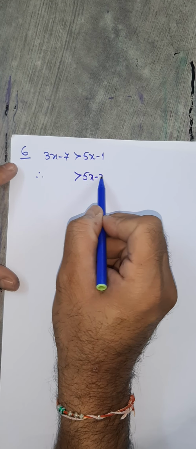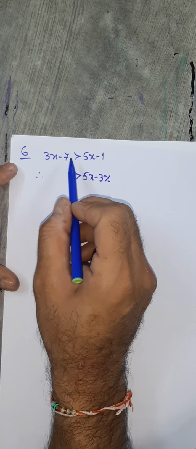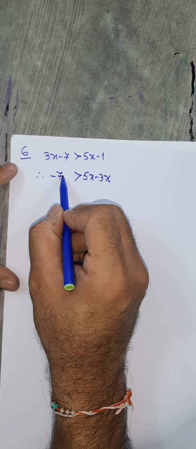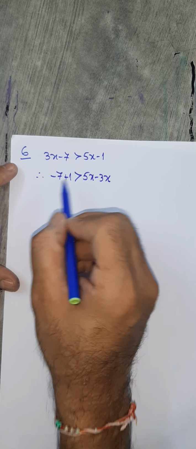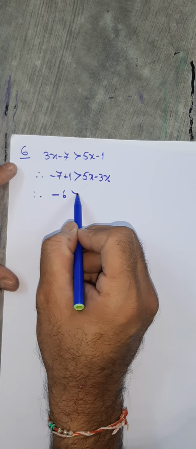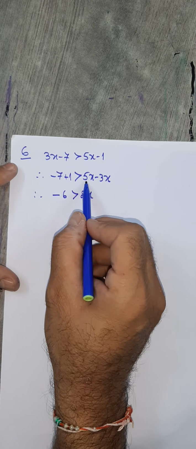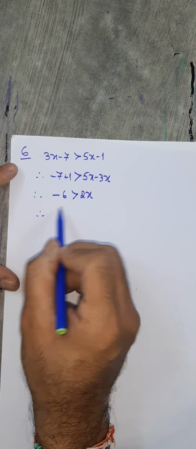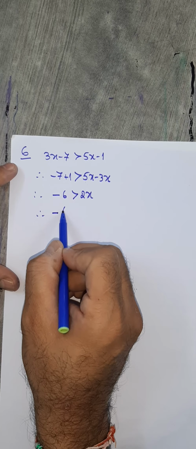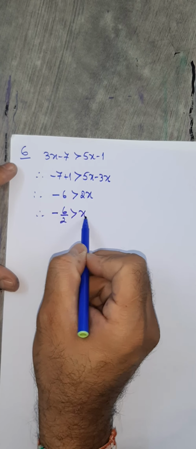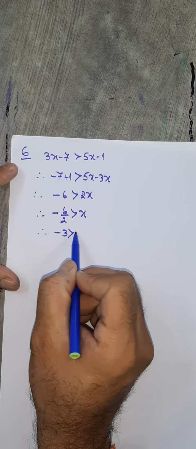So 5x minus 3x, and minus 1 on this side. So minus 1 minus 7 plus 1. So this is minus 6 greater than 2x. Dividing by 2. You are dividing by a positive number, remember. So the inequality remains the same. So this is minus 3.